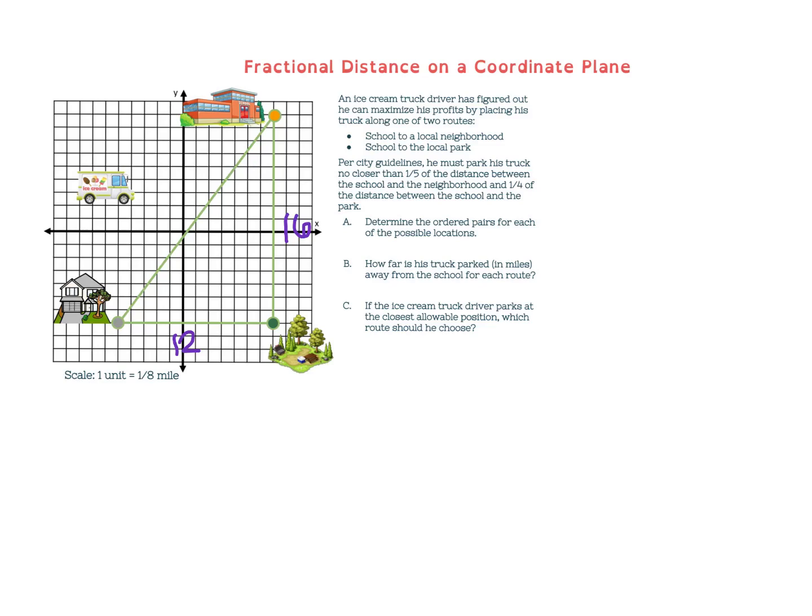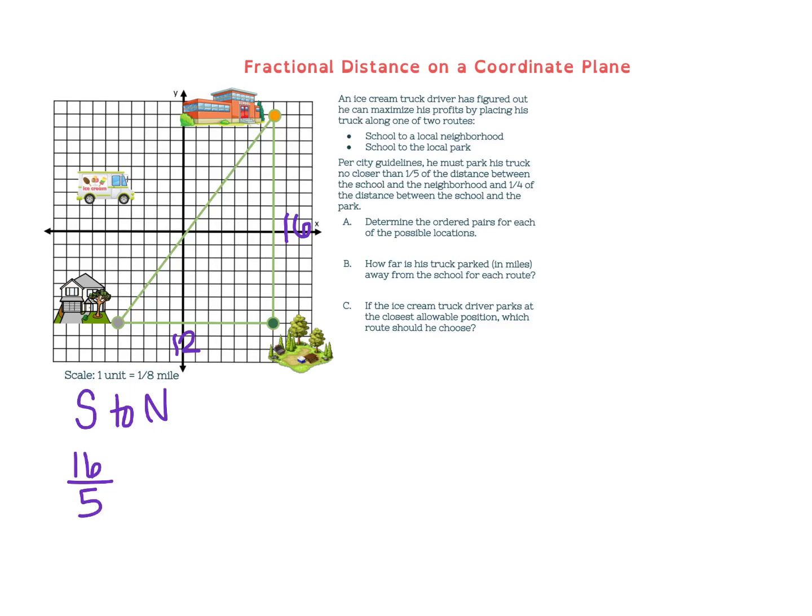So for the first location, from the school to the neighborhood, I'm going to put S to N, school to neighborhood. That can be no closer than a fifth of the distance. So I want to take a fifth of 16, which is the same as dividing by 5 or multiplying by a fifth.